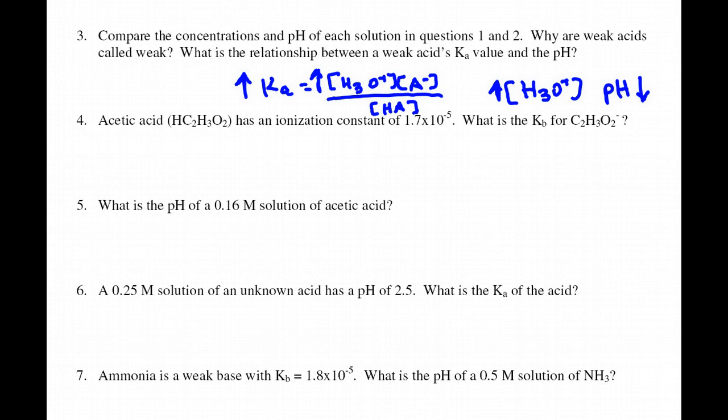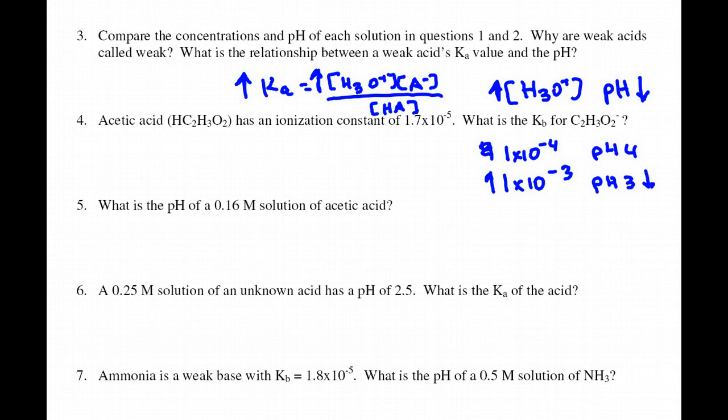This makes sense with some generic numbers: if H3O plus is 1 times 10 to the power of negative 4, the pH will be 4. But if it's 1 times 10 to the power of negative 3, a bigger number, the pH will be 3. So as this gets bigger, this gets smaller.